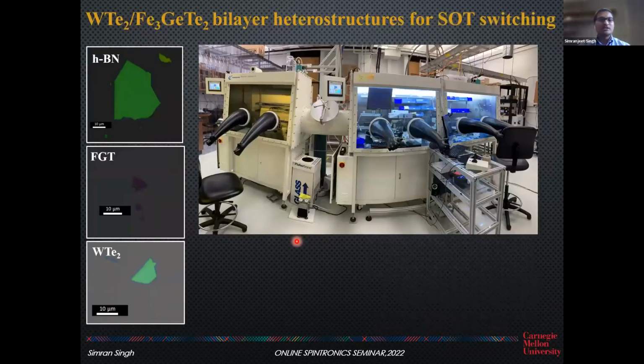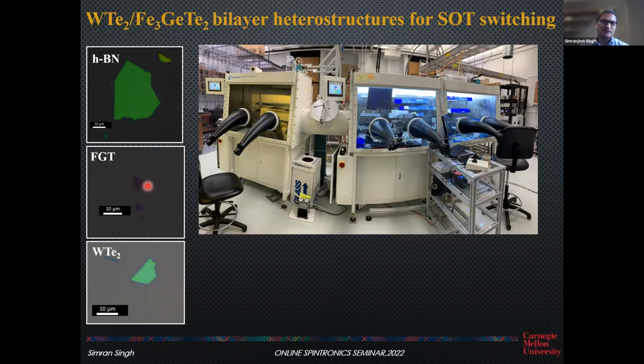So what we did was look at bilayer structures of WTe2 and FGT. And of course, these materials degrade in ambient. For that, we use our glove boxes, which are connected to a UHV cluster system where we can grow contacts and everything. So we can exfoliate flakes of hexagonal boron nitride, which is just a protective layer everyone uses in the 2D community.